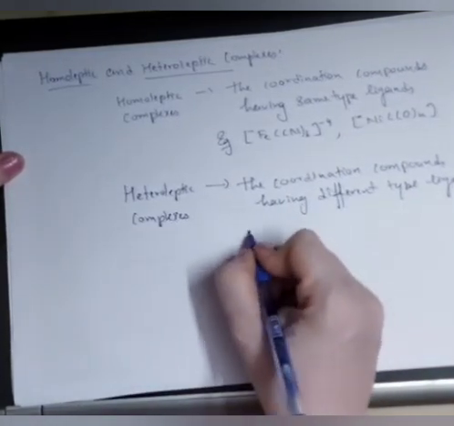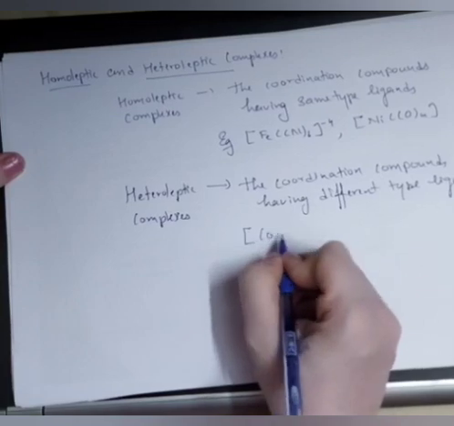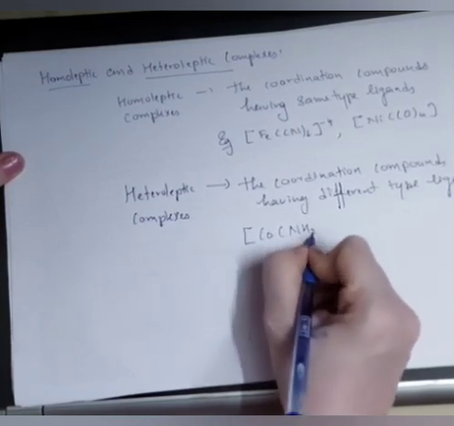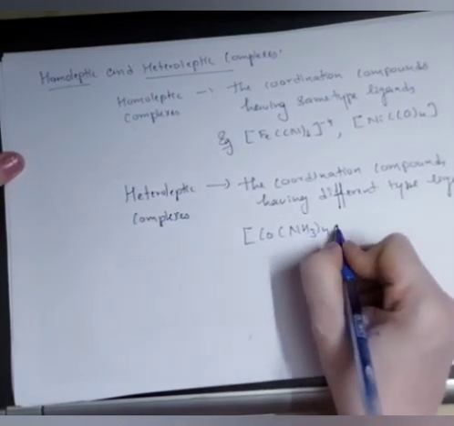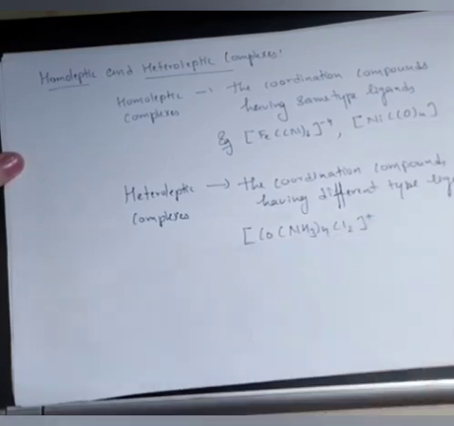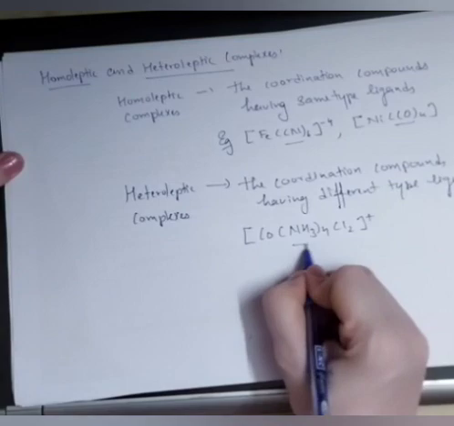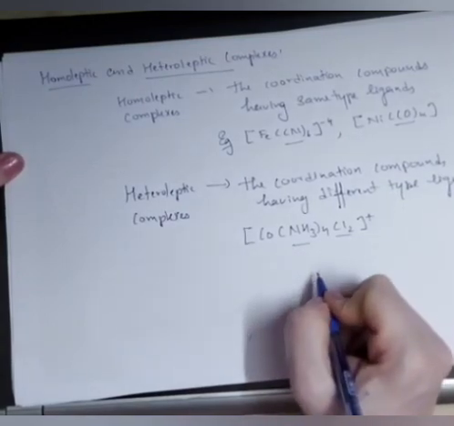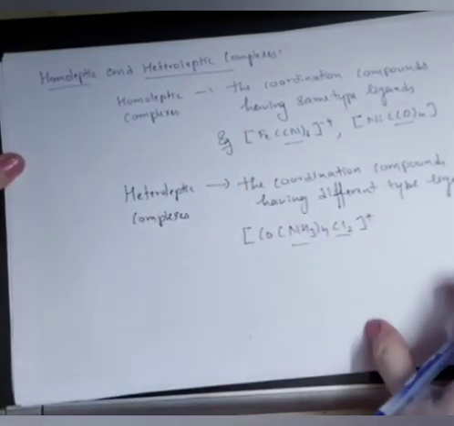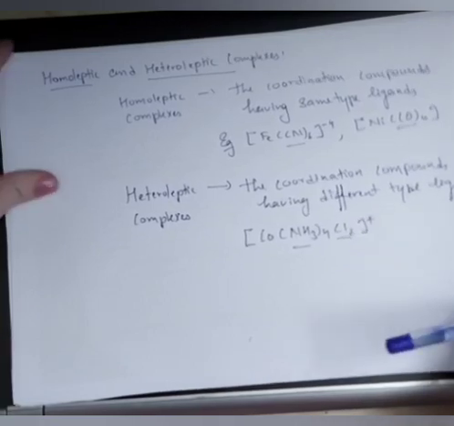For example, Co(NH3)4Cl2 plus. Now you can see here in the homoleptic case only the same type of ligands, and here there are 2 different types of ligands. So that is the only difference. So usually a definition comes on that.